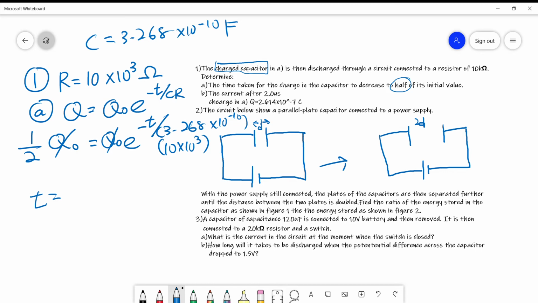So finally what I get is 2.265 times 10 to the power of negative 6 seconds.